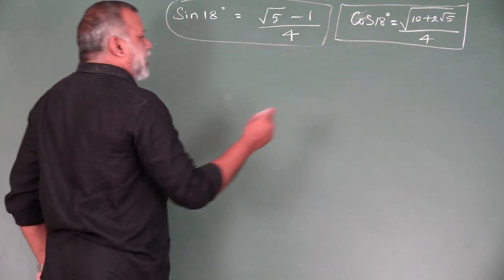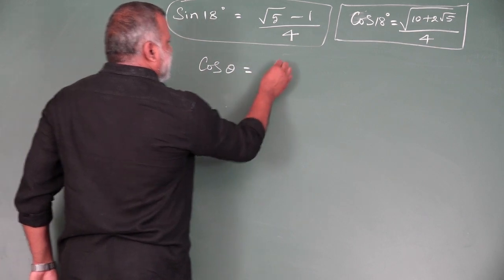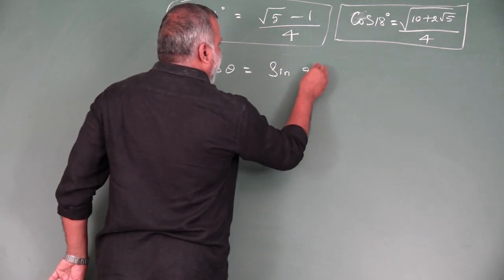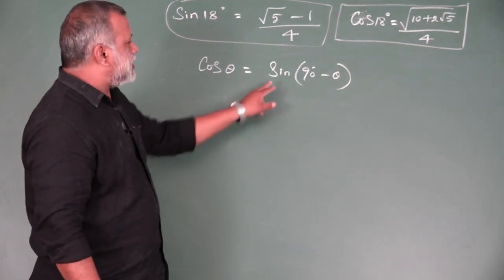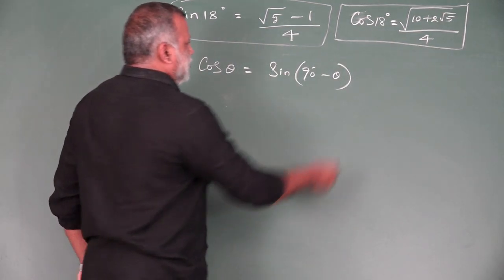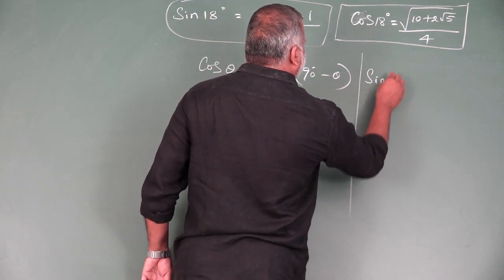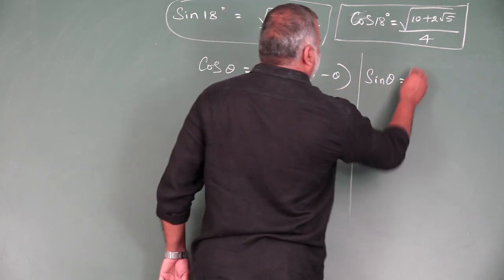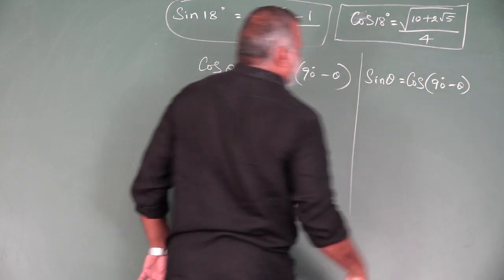Now listen, we have one formula: cos theta is equal to sine of 90 minus theta. In the same way, we have one more formula: sin theta is equal to cos of 90 minus theta.